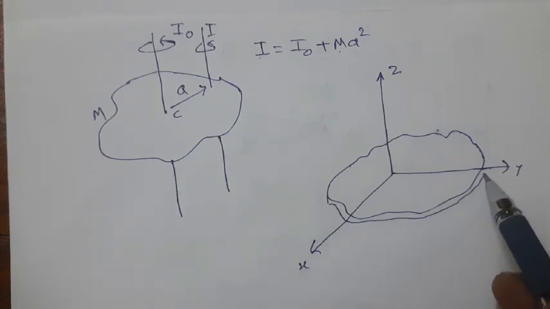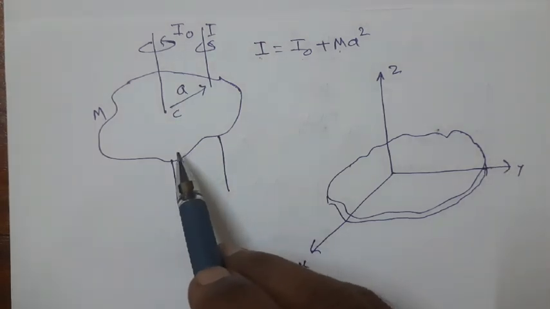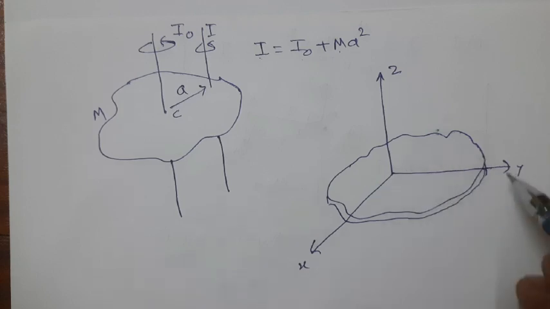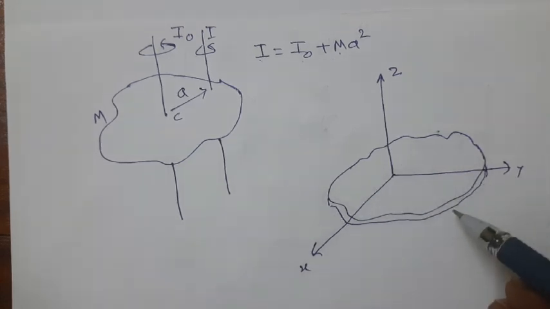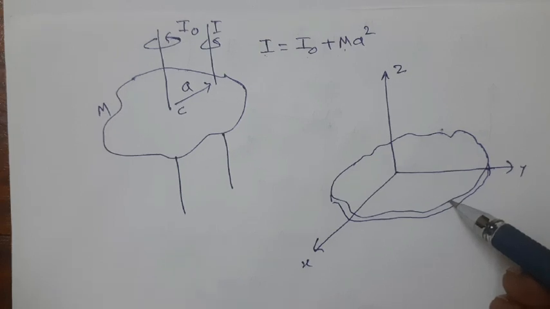See, it should be in the form of a plane object. It is not a 3-dimensional object. Therefore, cylinder cannot be considered here. A ring can be considered because it is in a plane. Disc can be considered. It is in a plane. But a sphere cannot be considered. Block cannot be considered. If there is a distribution of masses in 3 dimensions, that cannot be considered.